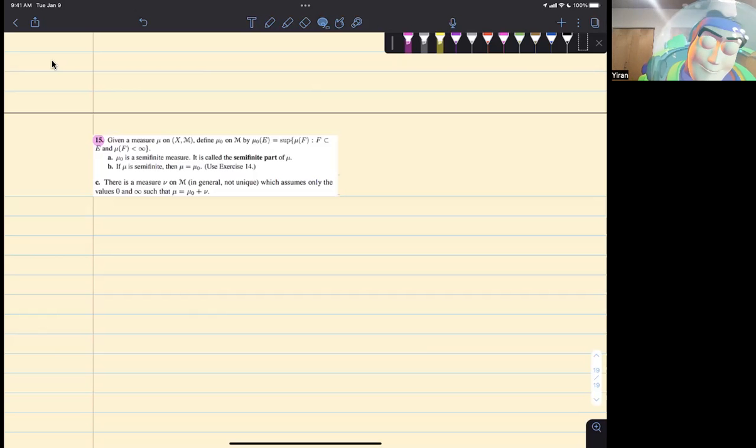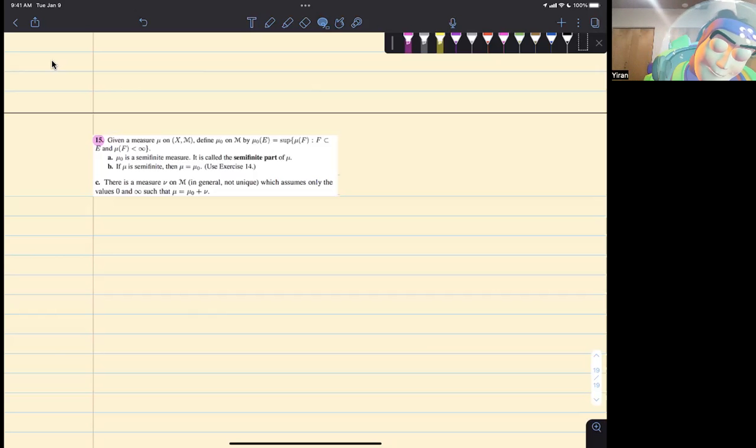Okay, so since we're taking the supremum over subsets of E such that the measure of that subset is finite, let's discuss more about that subset.